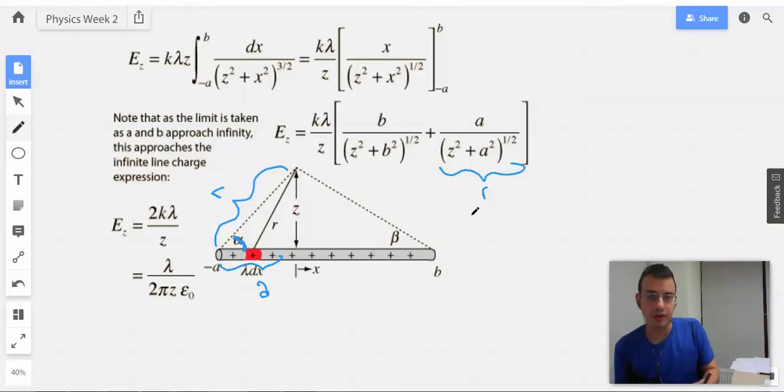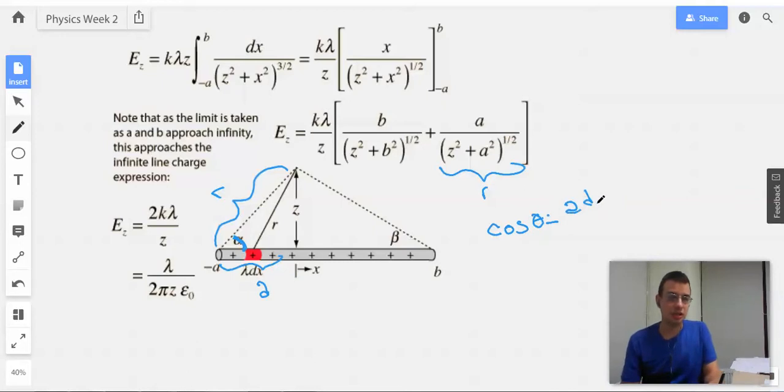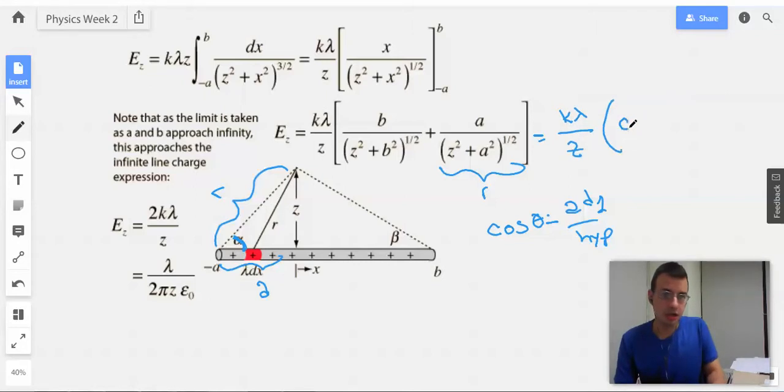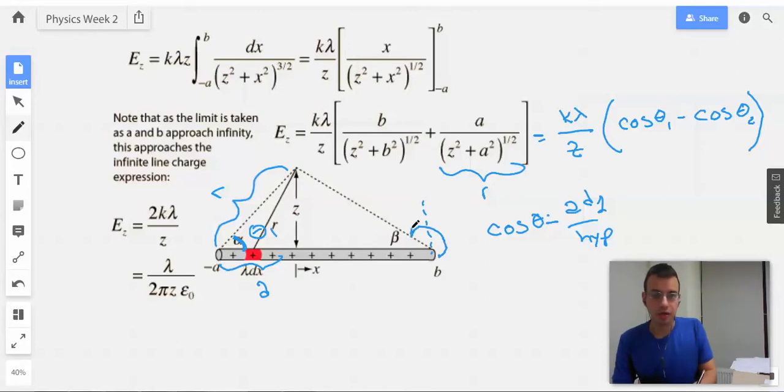That right there is cosine of theta, since cosine is adjacent over hypotenuse. So you can rewrite this equation as k lambda over z times cosine theta 1 minus cosine of theta 2, where right here is theta 1 and right here is theta 2, or in this case beta.